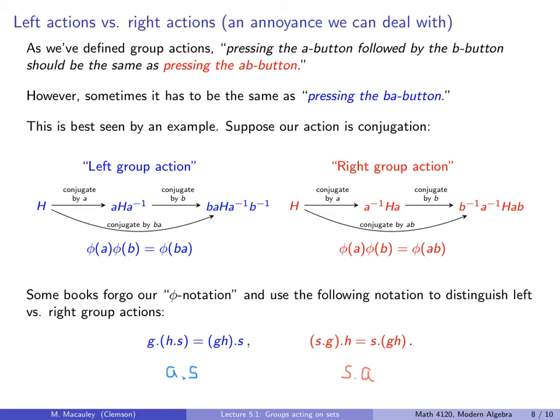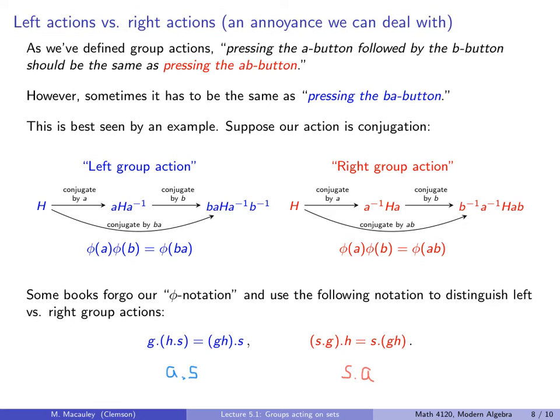That has to be the same as G times H applied to S. Whereas if you're doing this on the right, then starting with S, then applying G, then applying H, should be the same as starting with S and then applying GH.